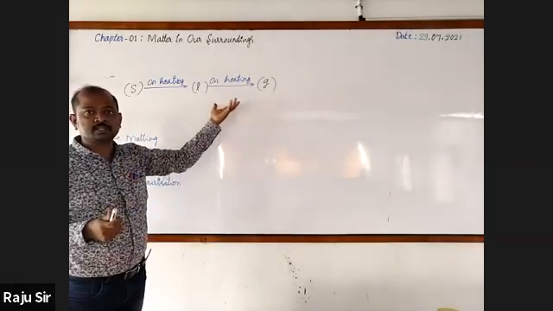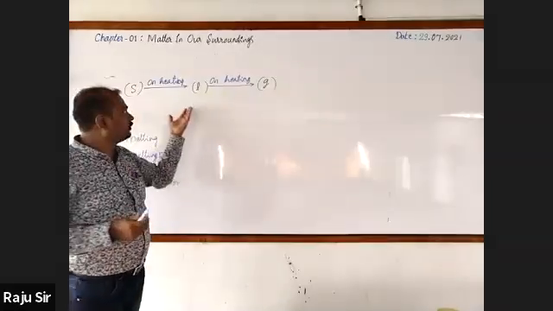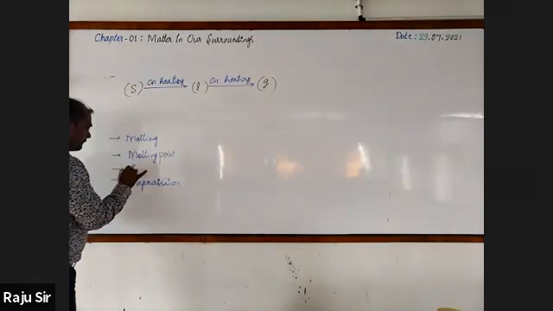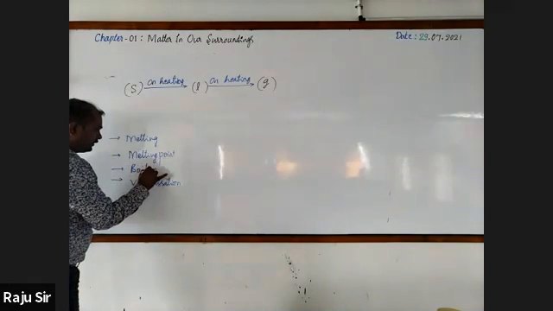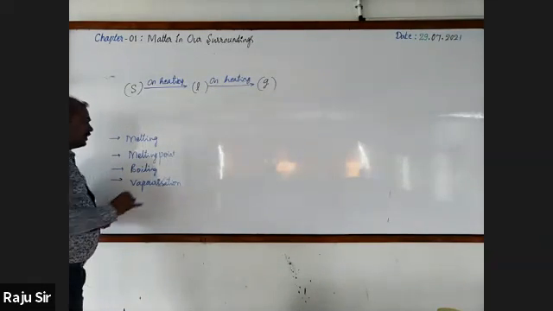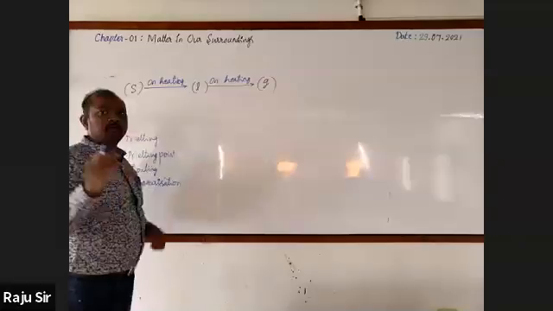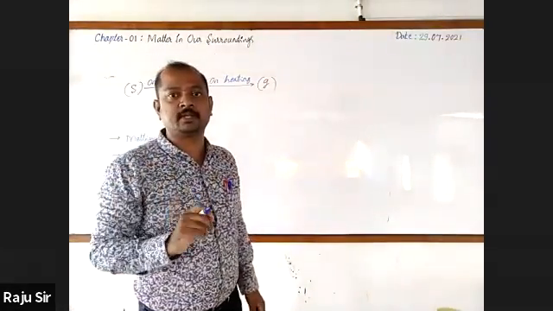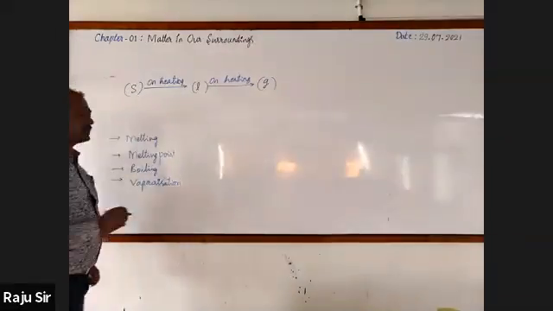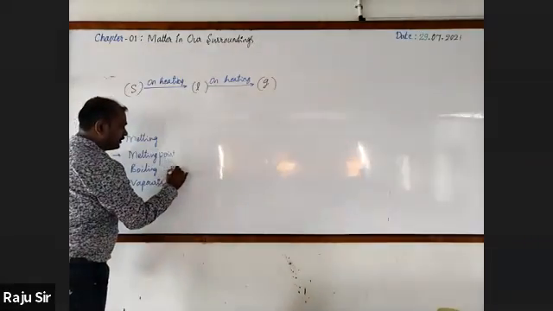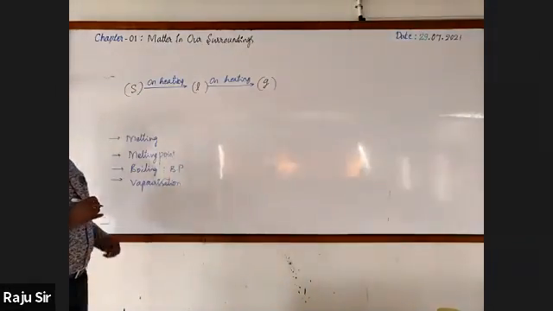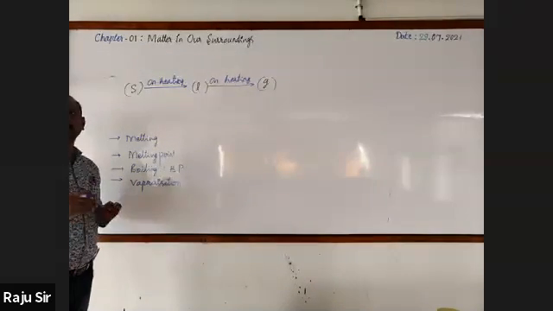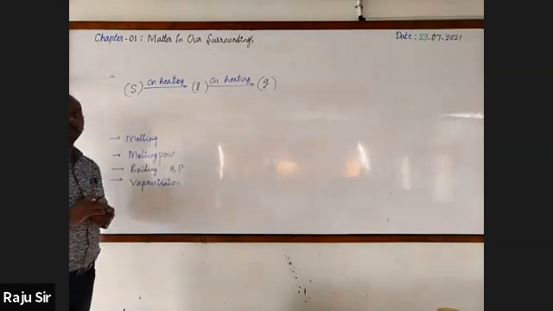That process of converting liquid into gas is called boiling. When the liquid is boiling, there will be no change in the temperature, and we call that temperature the boiling point. The specific temperature at which liquids start boiling is called the boiling point.